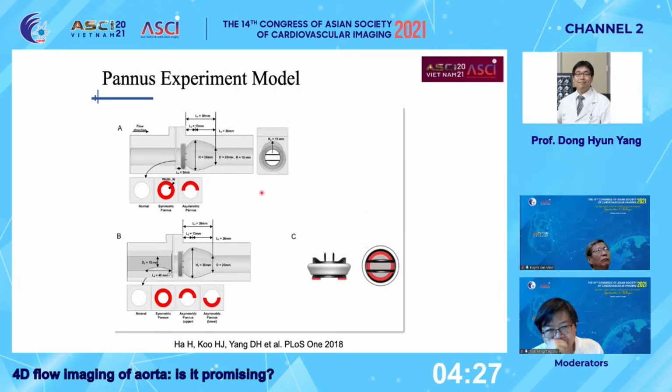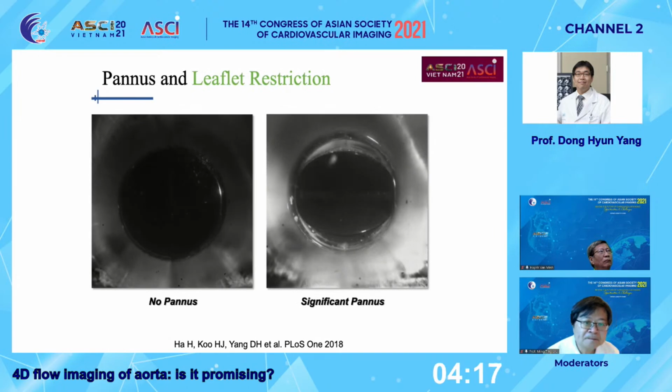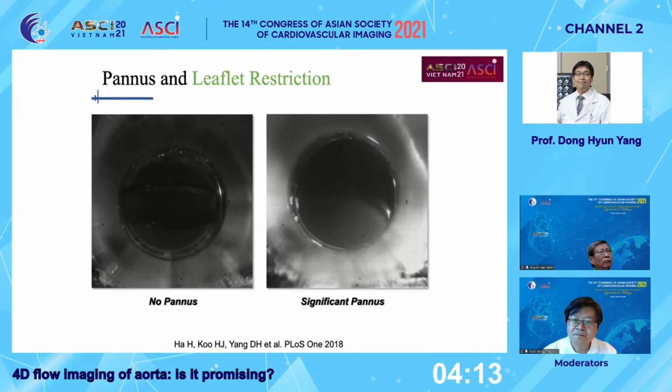To answer this question, I did an in vitro experiment using a 3D printed subvalvular pannus model. Here are the results. As compared to normal, in a model with significant pannus, leaflet motion was significantly decreased.